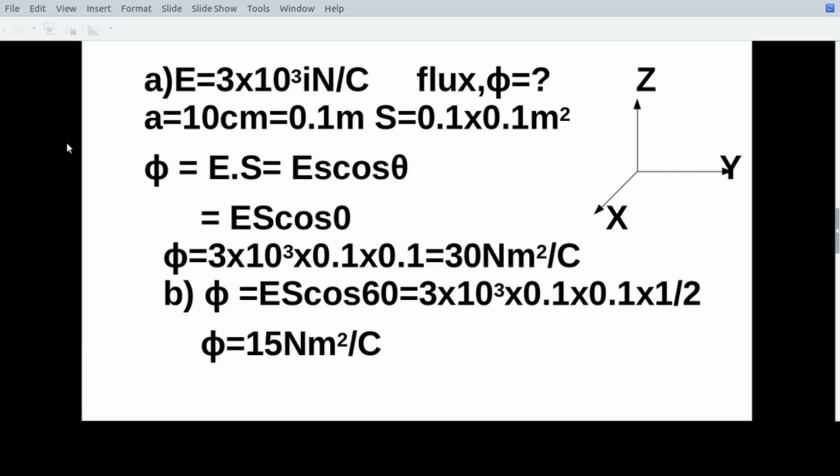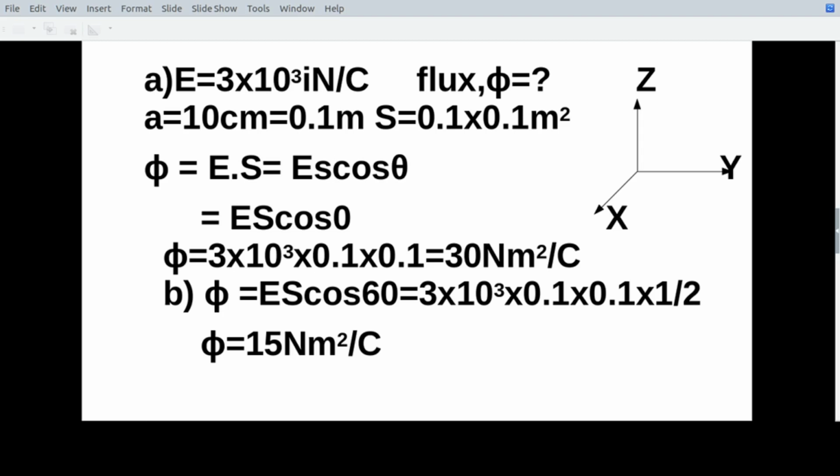X-axis and YZ plane are perpendicular to each other. So, the flux is E dot S equal to ES cos theta. Theta is 0 because x direction and area vector both are parallel. So, theta 0. You have maximum flux. So, flux phi equal to 3 into 10 raised to 3 into 0.1 into 0.1. You will get 30 Newton meter square per coulomb.